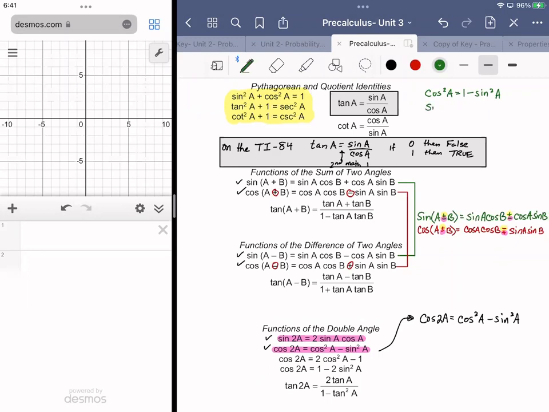And sine squared of A is equal to 1 minus cosine squared of A. The reason that's important is that if I replace cosine squared with 1 minus sine squared, I get a new rule, which would be 1 minus 2 times the sine squared of A, which is this one.